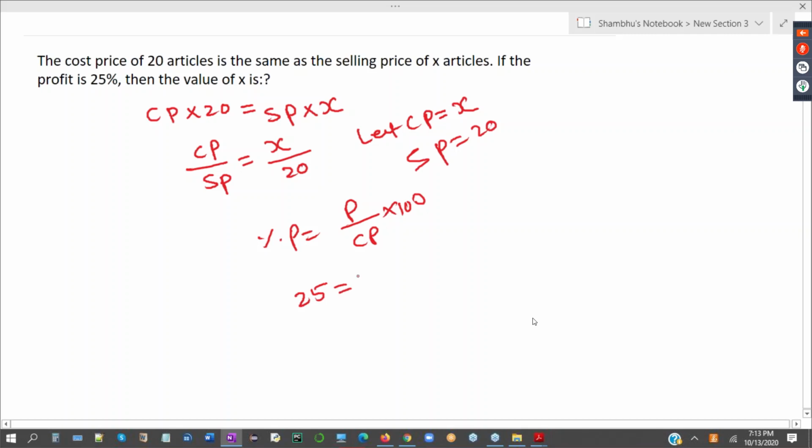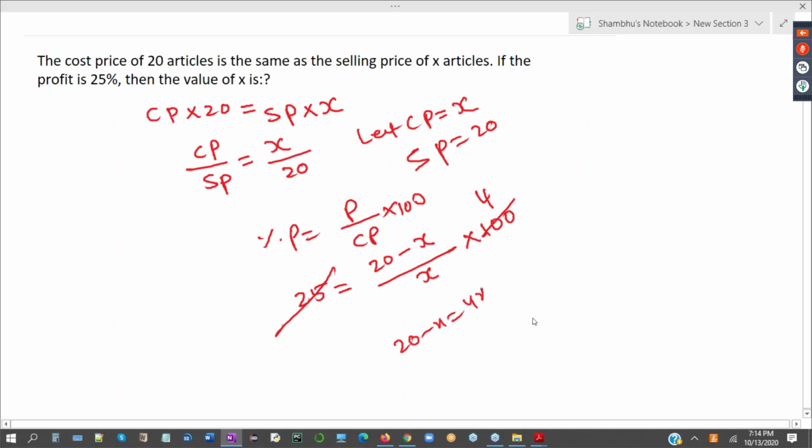So 25 is equal to profit, which is selling price minus cost price, divided by CP, X, multiplied by 100. 25 into 4.